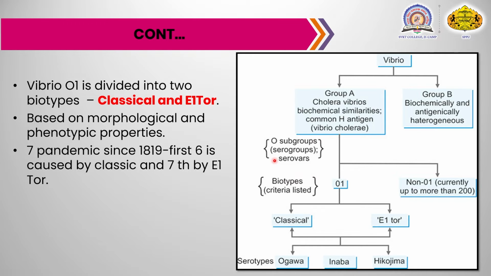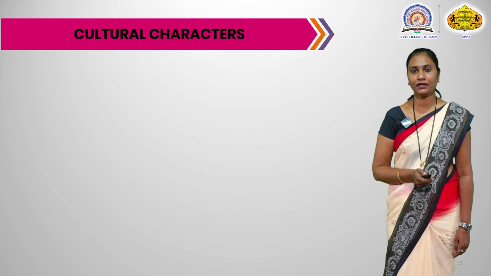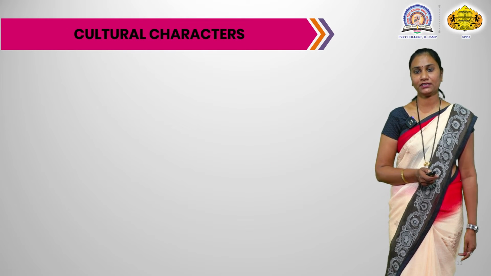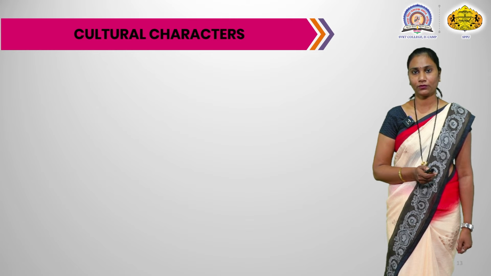It is slightly different on the genetic level as compared to the classical one. The station was the Tor quarantine station, and because of that the name El Tor Vibrios is given to this category of organisms.